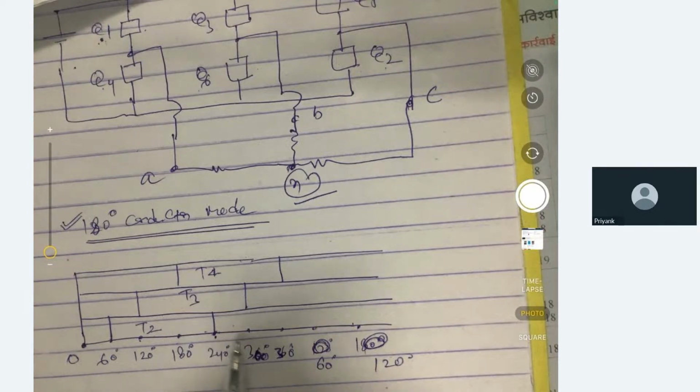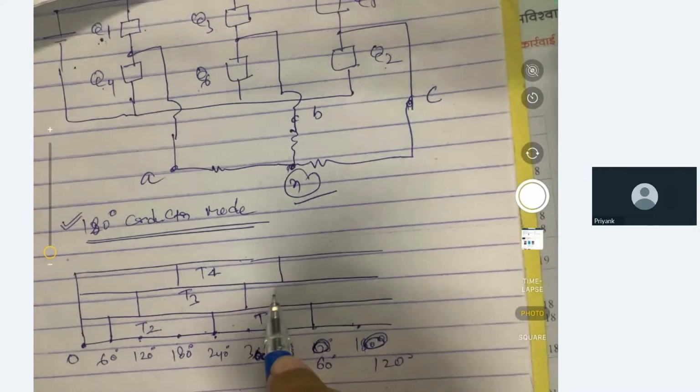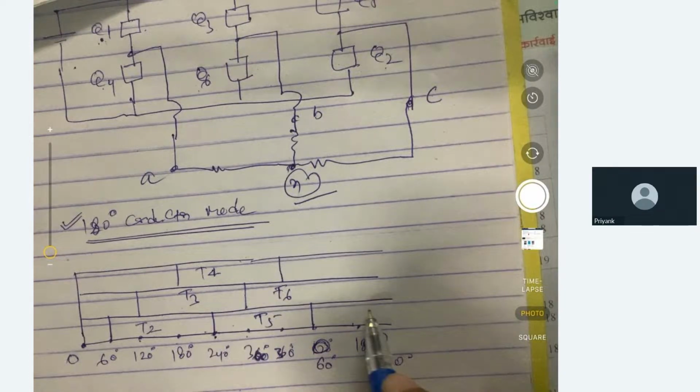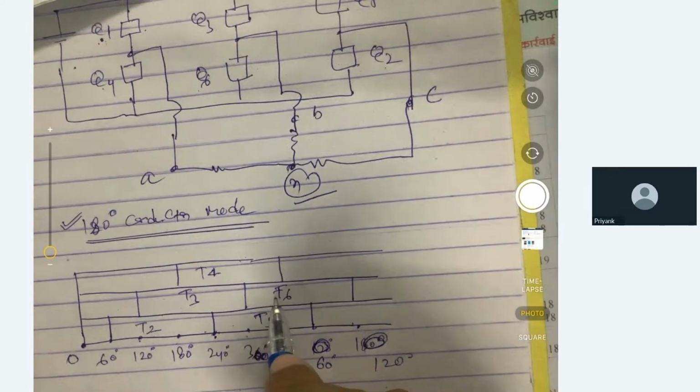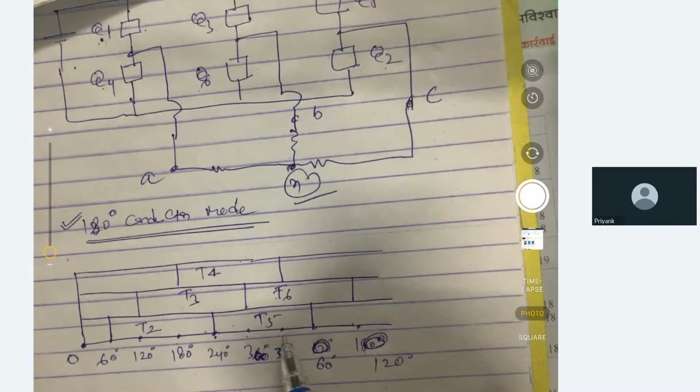So 240 plus 180, it will be 60 here. Now T6 is fired here at 300 degree, and it will also run for 180 degree angle. So at 300, it will run till here, T6. And actually we have only 6, so here it will be T1 finally.